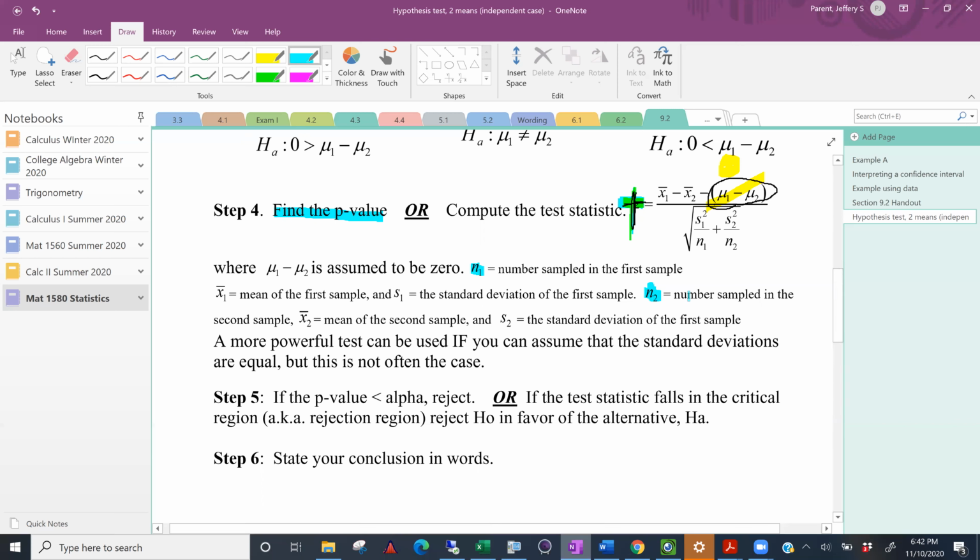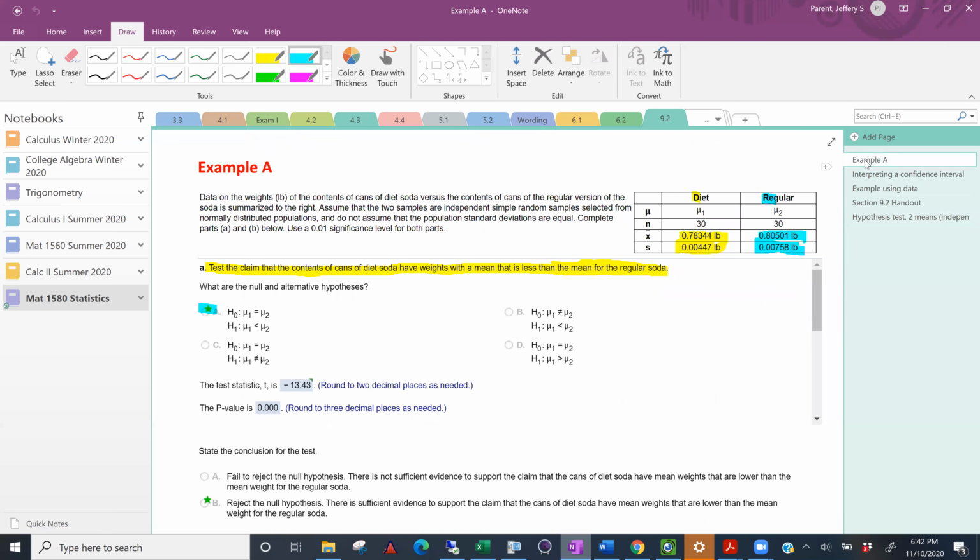Okay, let's see here. Let's start with example A. Data on the weight contents of cans of diet soda versus the contents of the regular version. Just so you know, we're talking about Coke.